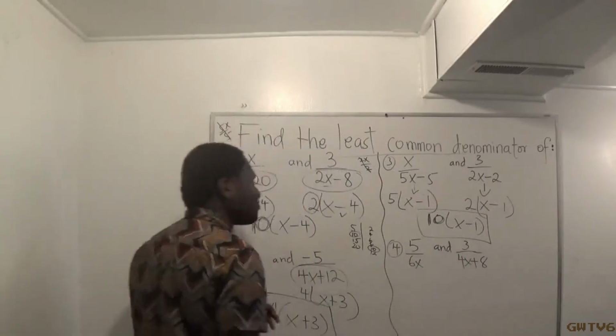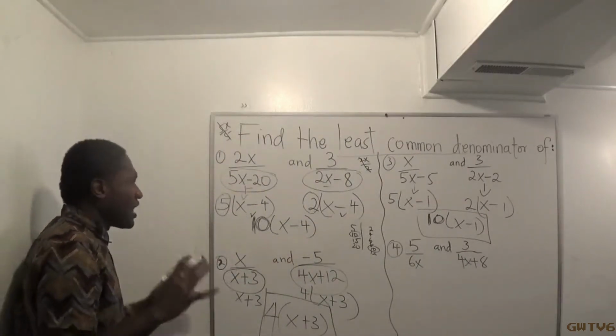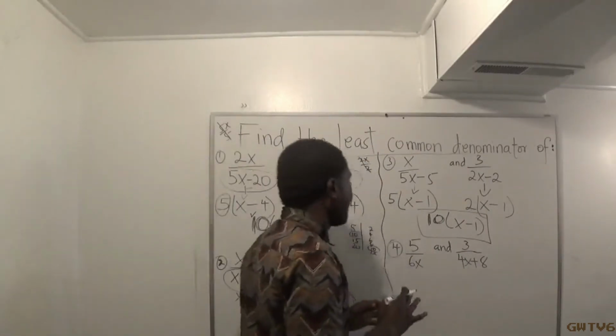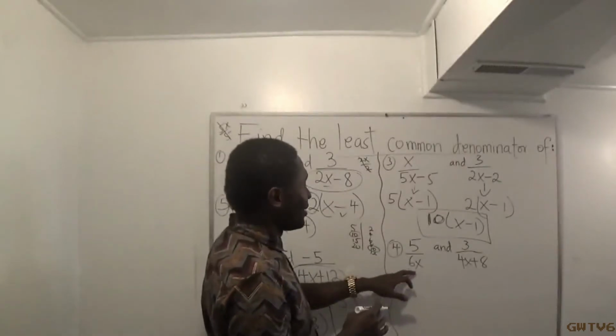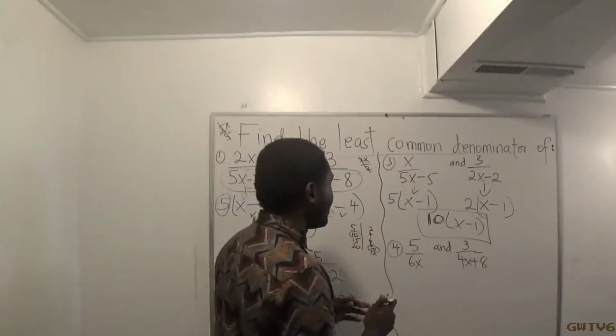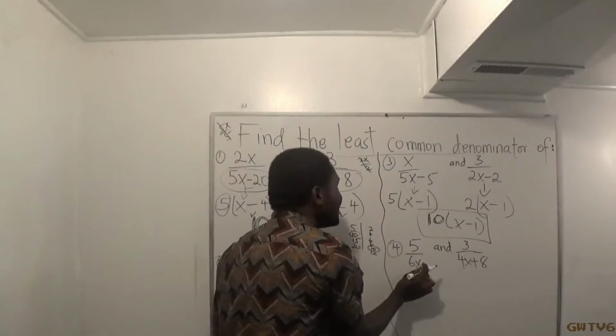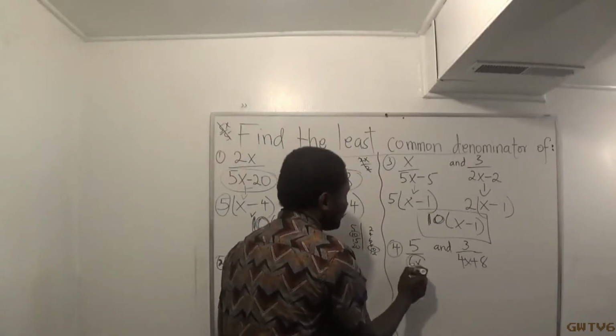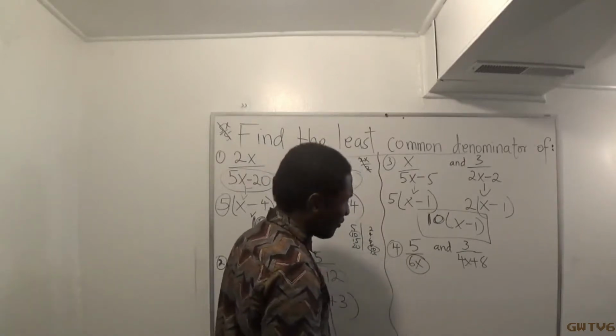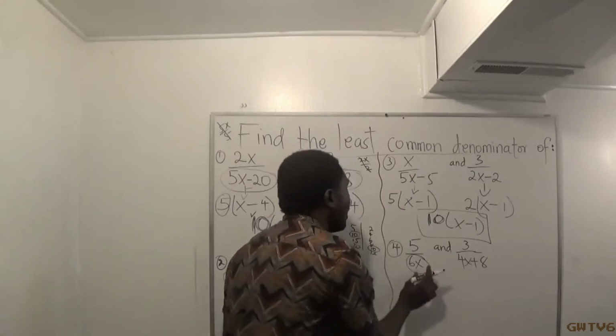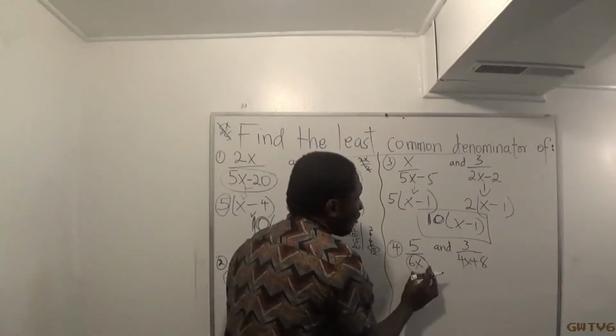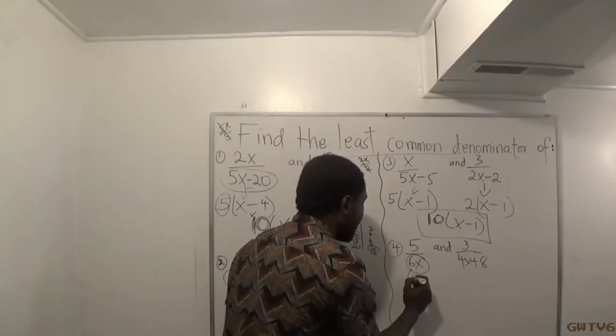Alright, this last one. I want to make sure I get this last one right. For this one, I cannot factor this right here, so that stays the same as 6x.